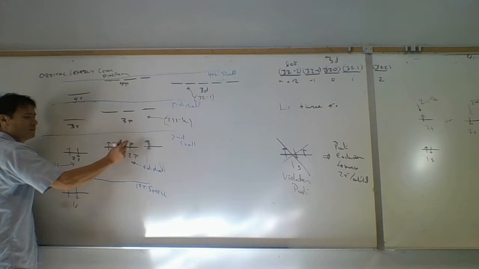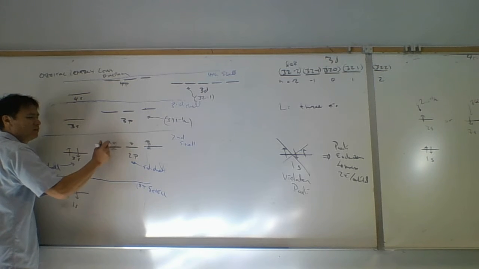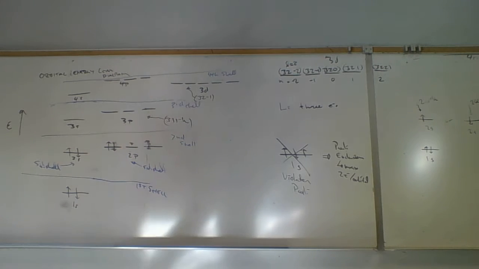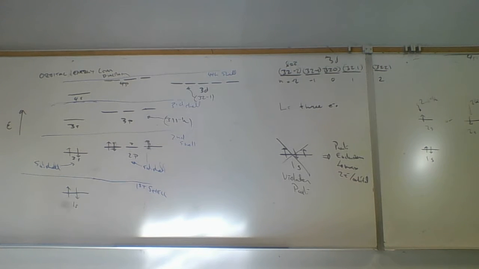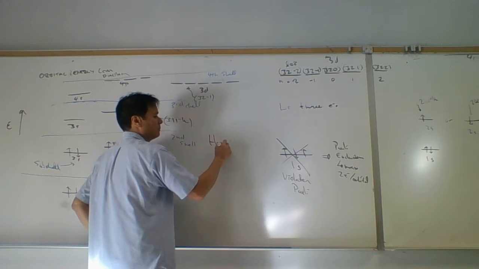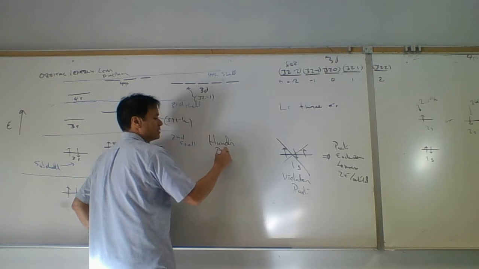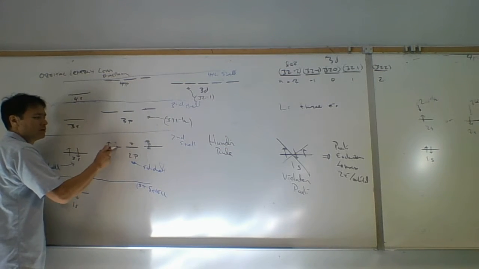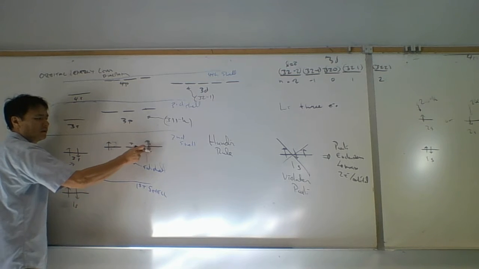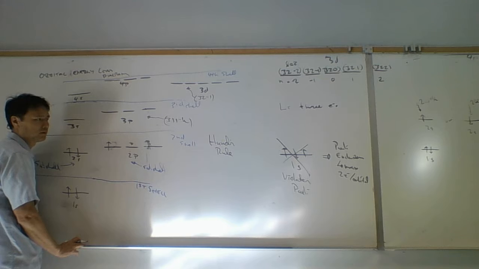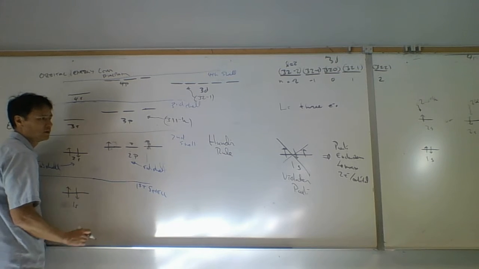Put it next to the first one? Okay. If you put it here, then you're in violation of Hund's rule. I haven't talked about Hund's rule, but now we have to talk about Hund's rule. Hund's rule states this. If you have a series of orbitals that have the same energy, all three of these 2p orbitals have exactly the same energy. We call it energetically degenerate orbitals.